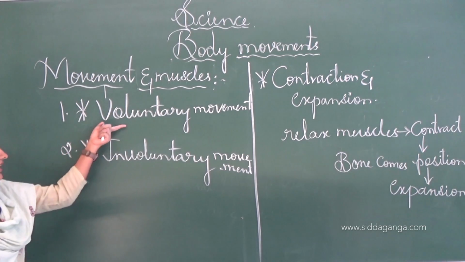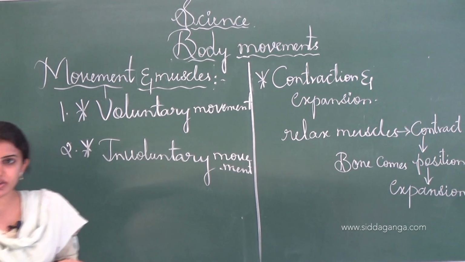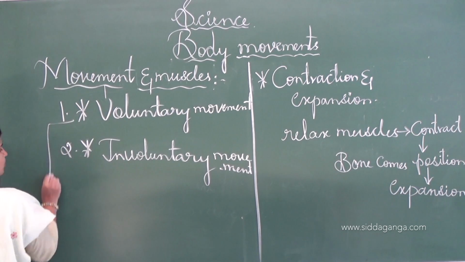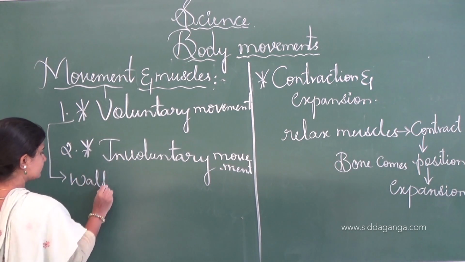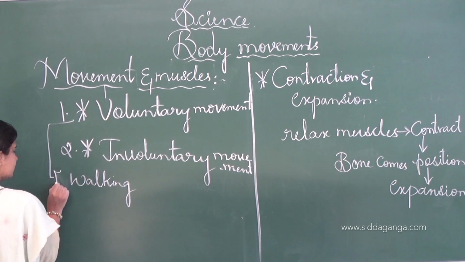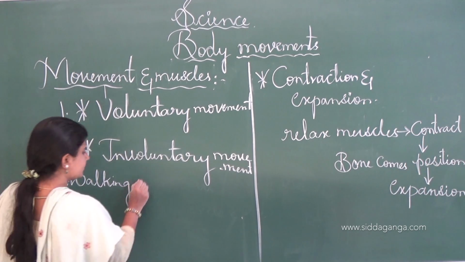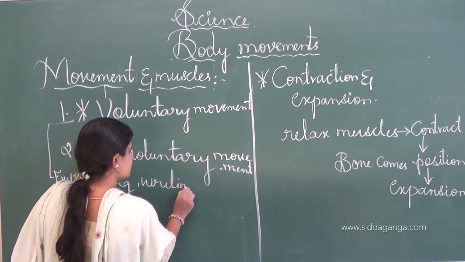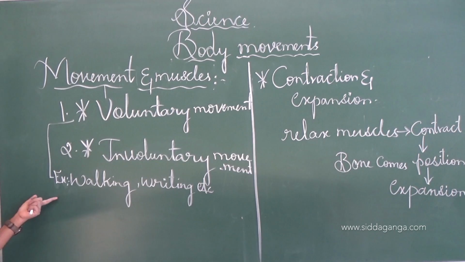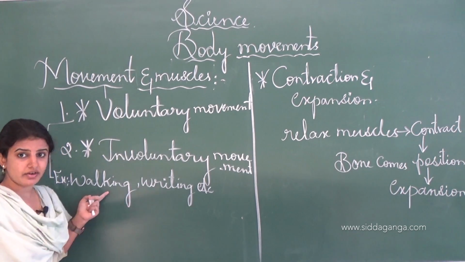As the name indicates, voluntary movements are those which are in our control. Examples are walking, writing, jumping, etc. These are examples of voluntary movements, where the movement is under our control.